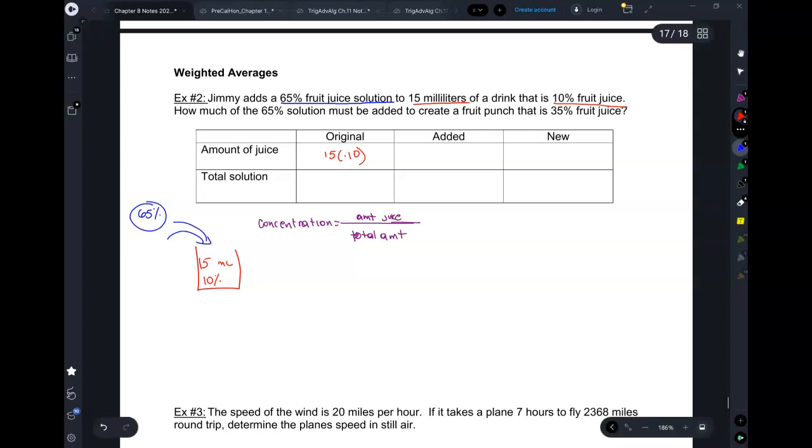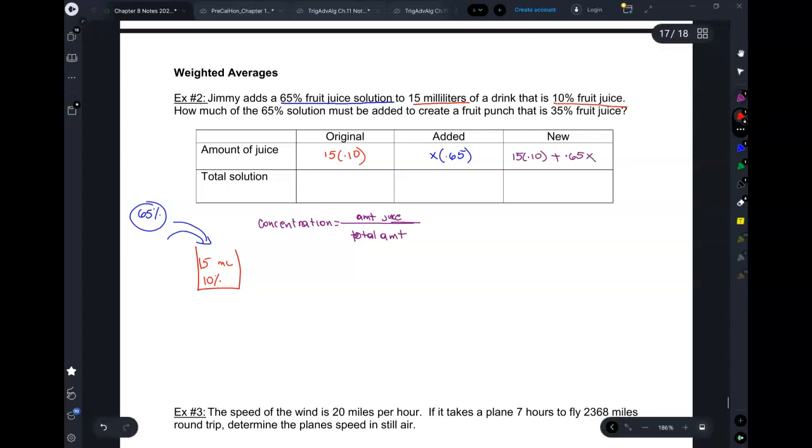How about in the added part? How much did we add? Do we know the amount that we're adding? We don't know the amount that we're adding, but we know the percentage, it's 0.65. So the new amount is 15 times 0.10 plus 0.65x.